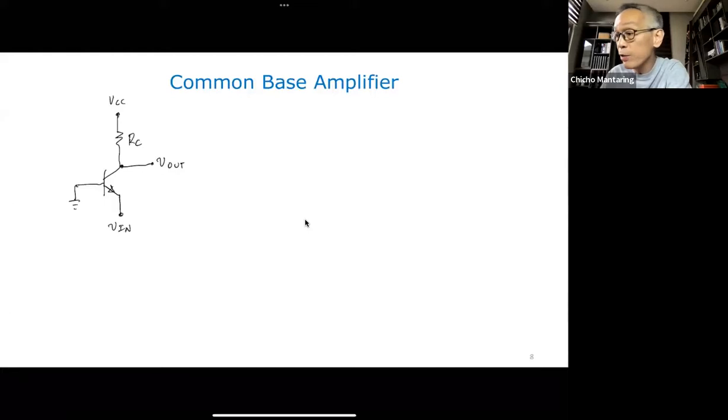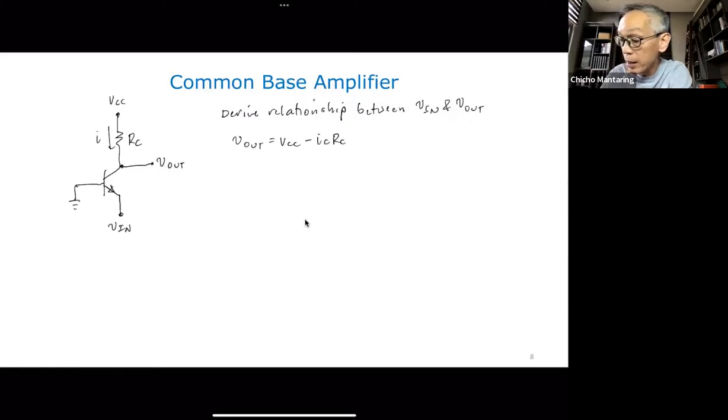Again, let's derive a relationship between V in and V out, the same way we did with the common emitter amplifier. So we start with V out equal to VCC minus IC times RC.